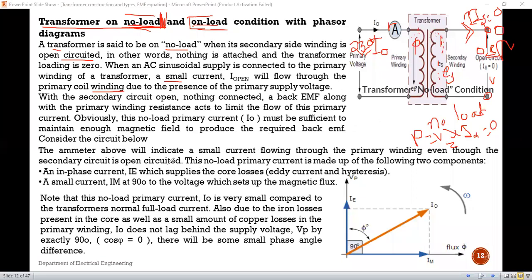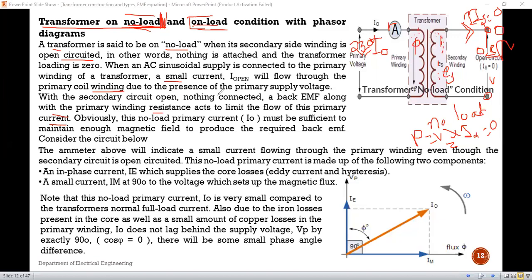See, when the secondary circuit is open, with nothing connected, a back EMF along with the primary winding resistance acts to limit the flow of this primary current. Okay, बघा, there is an open circuited terminal, that is the secondary circuit open circuited terminal. That means no load is connected.